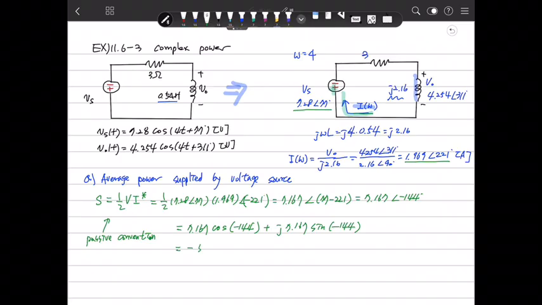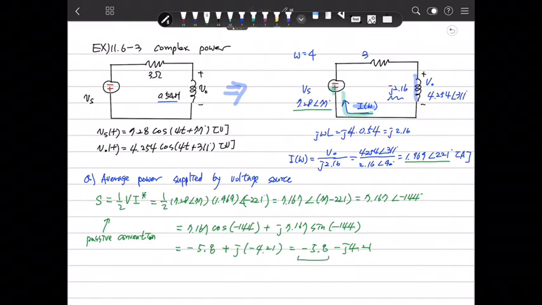So you can calculate these values: minus 5.8 plus j times minus 4.21. So minus 5.8 minus j4.21.